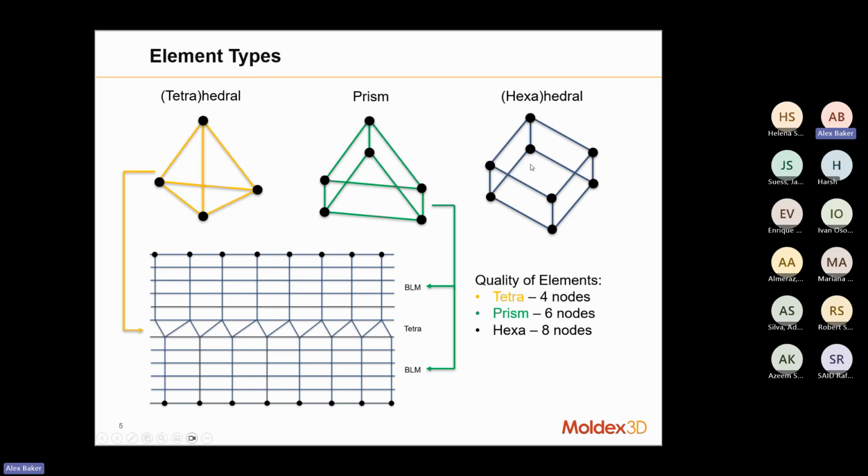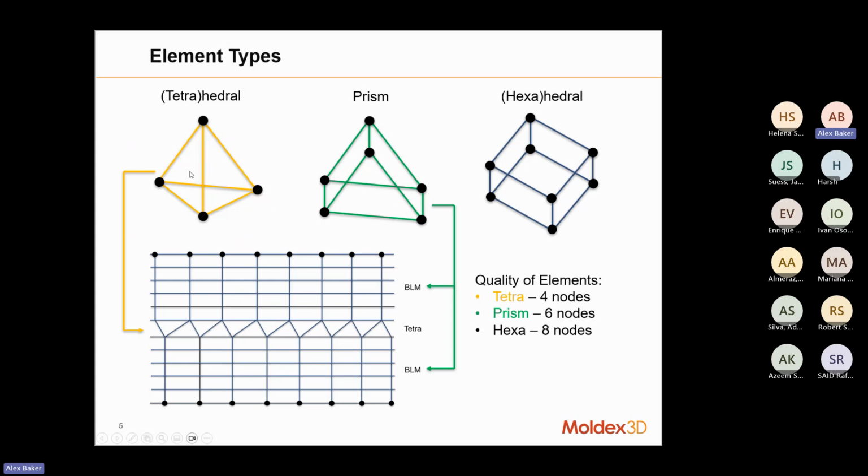If I'm looking at the results of Moldex3D, I'm going to see a blended contour. I'm not just going to see this element be one singular color. I'm going to see a distribution of color through this volume. And that's because the information at any point in this element is interpolated from the nodes on this particular element. The more nodes there are, the more precise that interpolation is going to be.